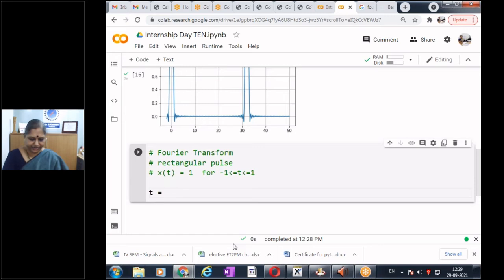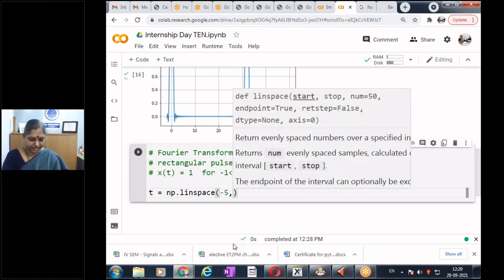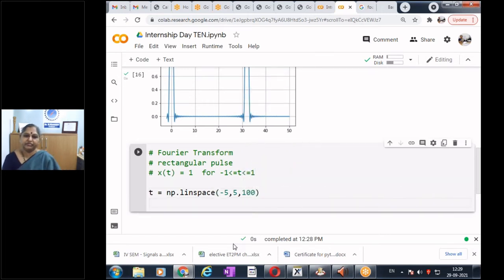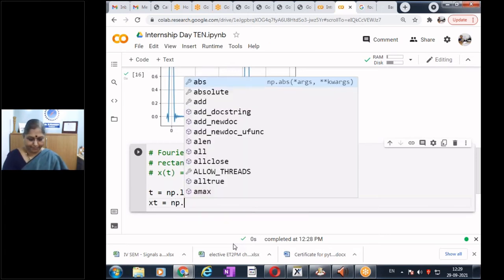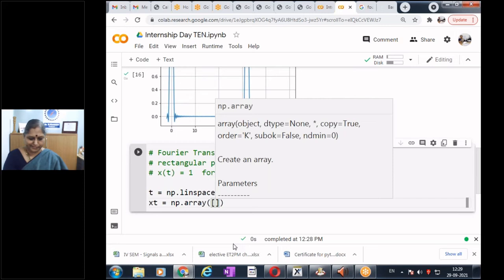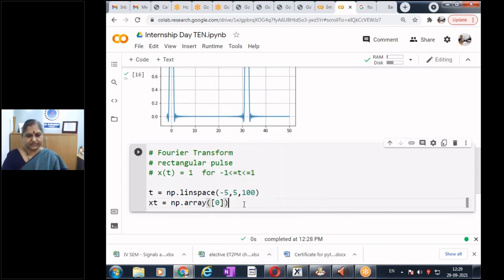T equal to, let us say, np dot linspace, let us say minus 5 to 5, and let us say 100 values. And how do I define my function? xt equal to, let us say, initialize it with 0.